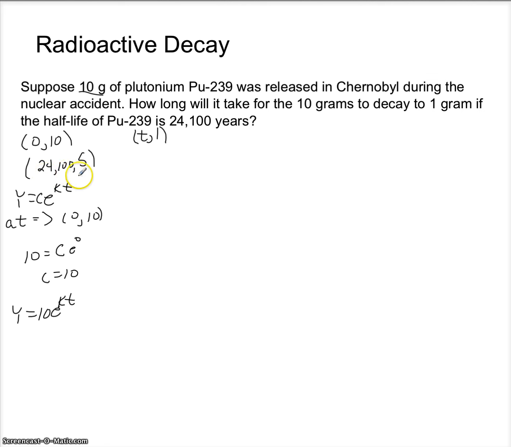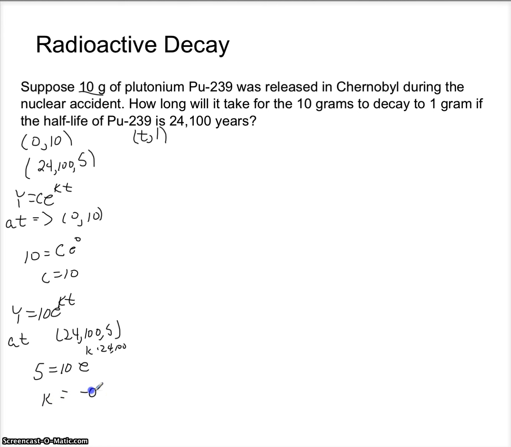All right, now I know at 24,100 years, I've got 5 left. So I've got 5 is equal to 10 e to the k times 24,100, and my t is big, so don't worry about that. Solving this for k, I get a very small negative number.